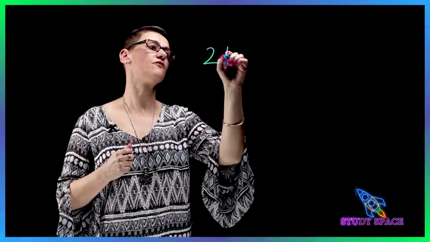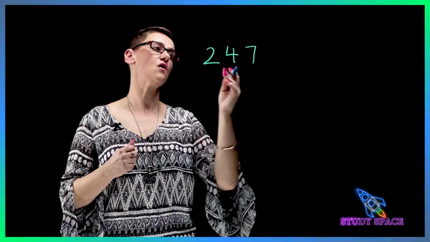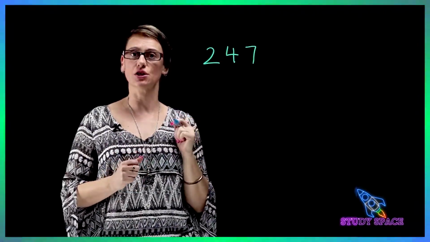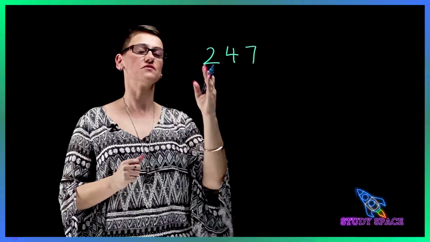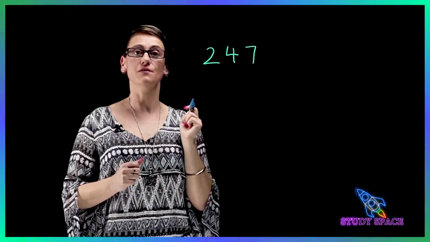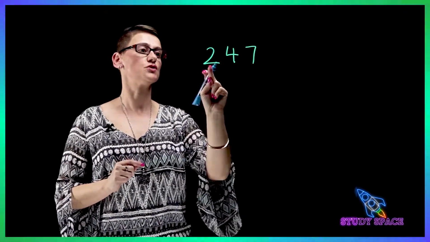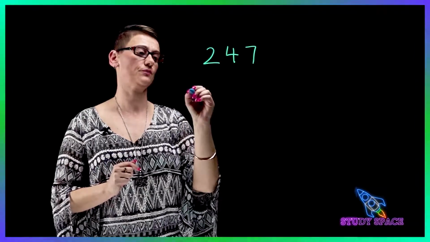Okay, let's have a look at our example, boys and girls. So if my standard form is 247, what would that look like in expanded notation? Okay, so we need to divide it up into its place values. So the 2 represents 200.